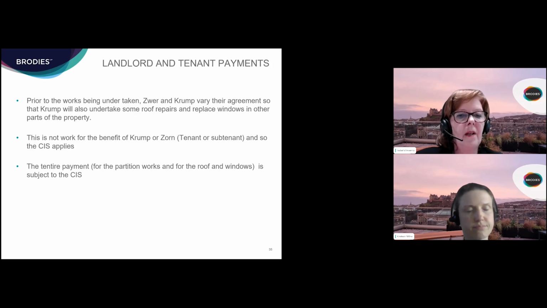But often you can get the situation where the CIS implications have been looked at initially, but then changes are made to what's going to be done, and that unfortunately changes the CIS analysis. So although it's an excellent development that there is now exemption for a lot of landlord and tenant payments, it's not just a magic bullet that takes all of them outside the CIS. And you do have to look at the arrangements quite carefully.